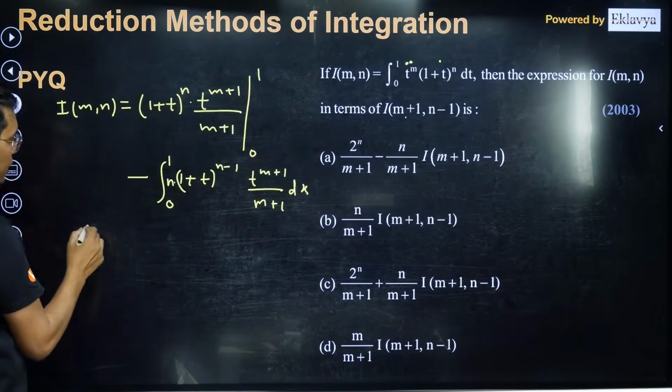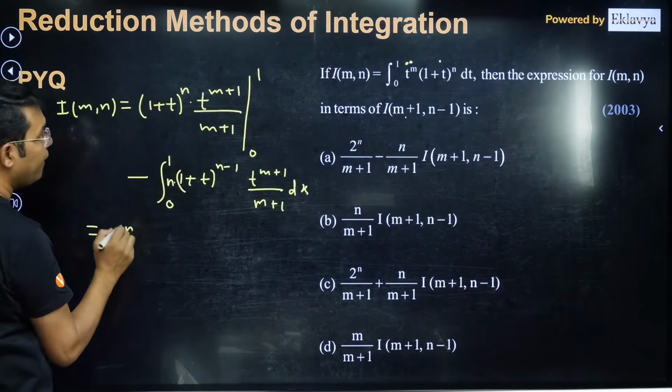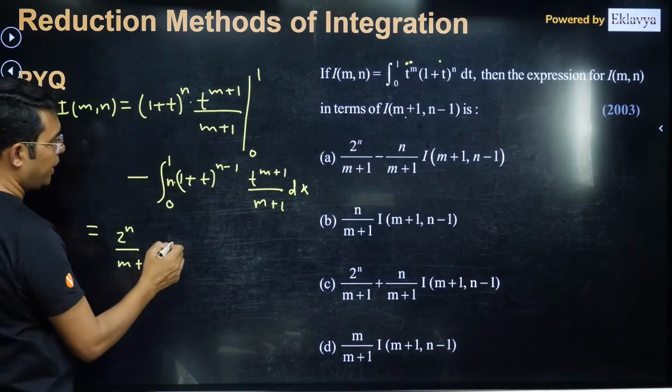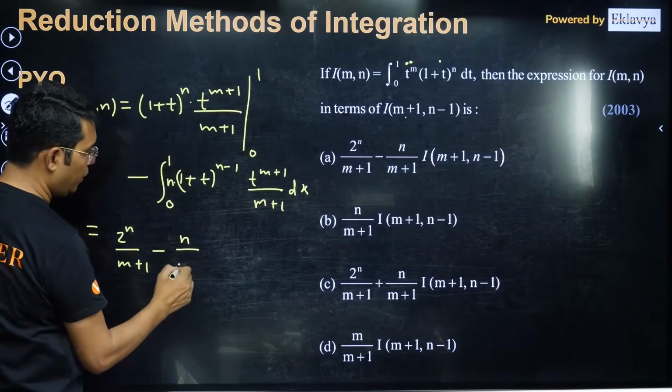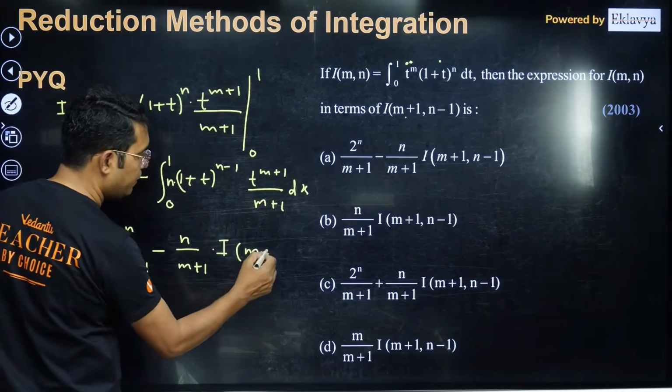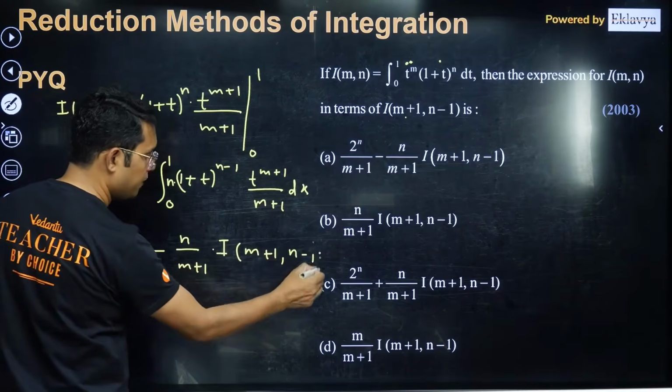Now if you put 1 here, you will get 2 raised to the power n upon m plus 1, minus 0, no need to write that, minus this will be n upon m plus 1, and then I think it is nothing but I m plus 1 comma n minus 1.